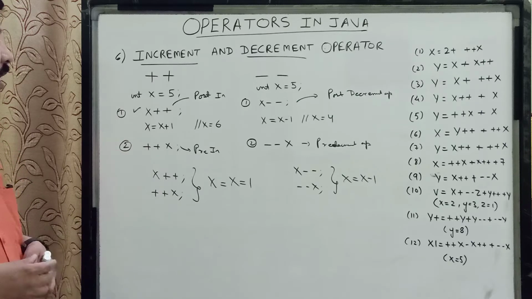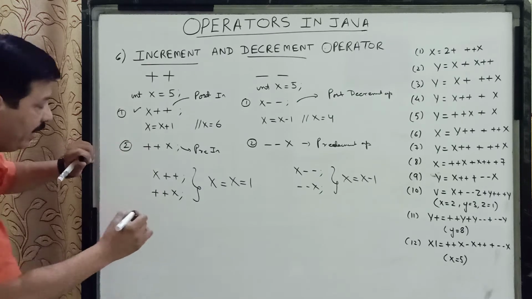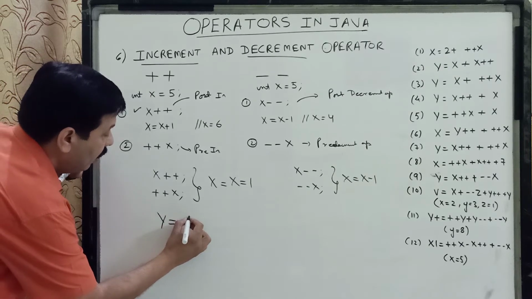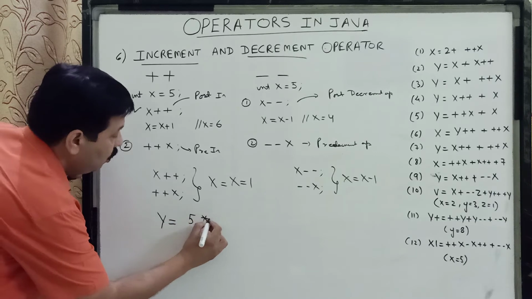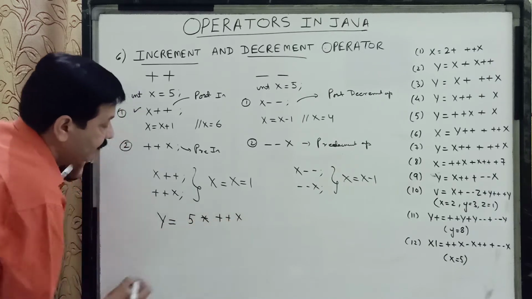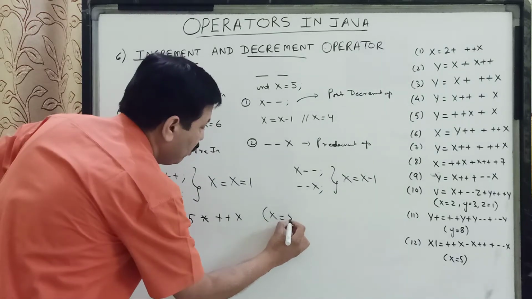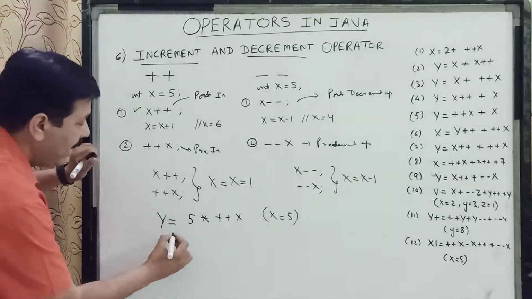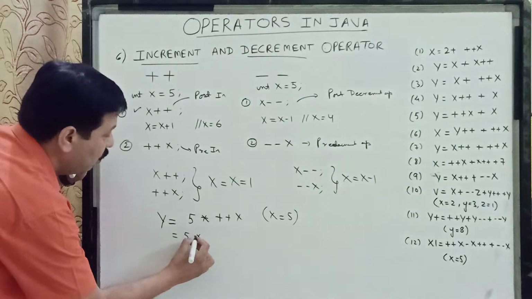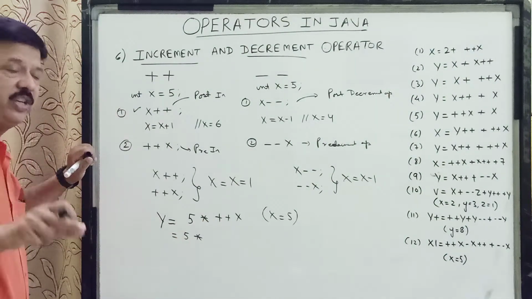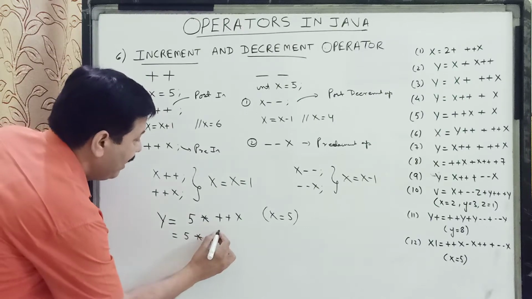Say for instance children, if I write y = 5 * ++x, and say we have a value of x = 5. This means that it will be equal to 5 into, since it is a prefix operator, the value will first be changed. So it will become 5 into 6.